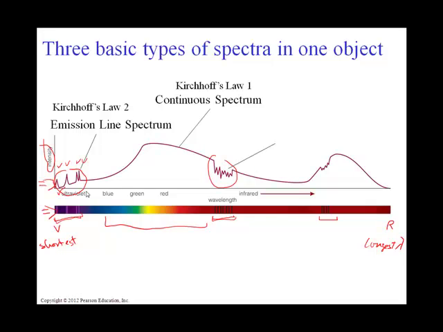Kirchhoff's second law. And then last but not least, over here, whether you're looking at the spectra or the graph, you can see where certain energies have been absorbed and made it dark, and you can see the intensity dip down.